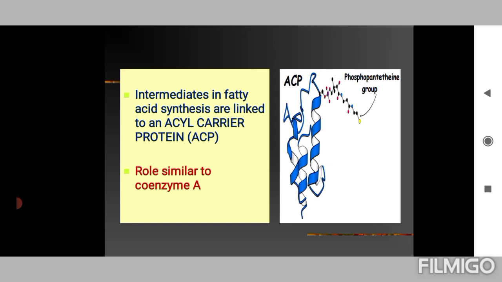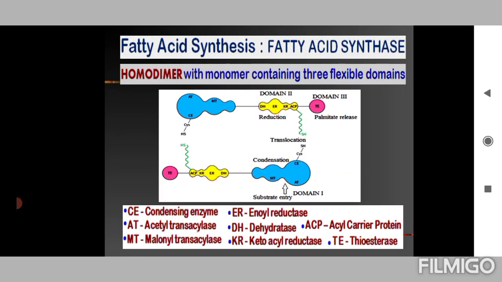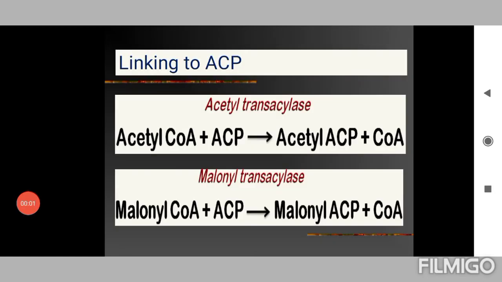So when we say that acetyl-CoA combines with ACP to form acetyl ACP, or malonyl-CoA combines with ACP to form malonyl ACP, it is actually the ACP of this portion that is being used by acetyl-CoA or malonyl-CoA to become acetyl ACP and malonyl ACP.